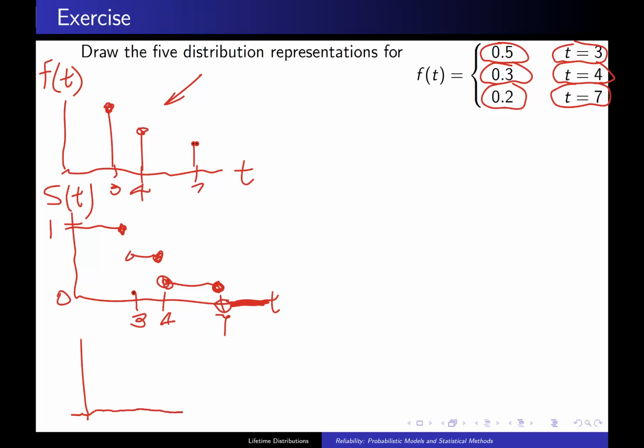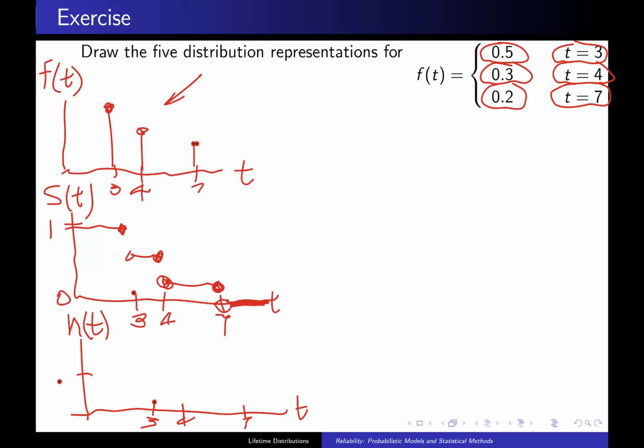Now the next function here is the hazard function. So I'll label that lowercase h of t, and we can put in our mass values again. They are 3, 4, and 7. In this case, you will have ratios of values, and this time I'm going to put some units in over here.